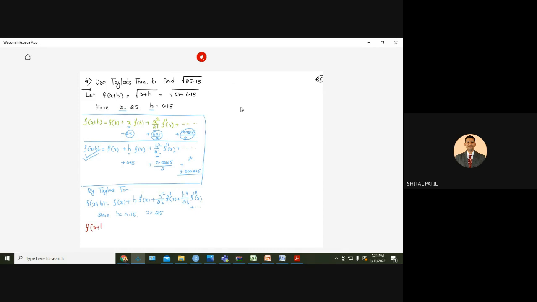So f of x plus h equals f of 25 plus 0.15 f dash of 25 plus 0.15 square divided by 2 factorial f double dash of 25 plus 0.15 cube divided by 3 factorial f triple dash of 25 and so on.